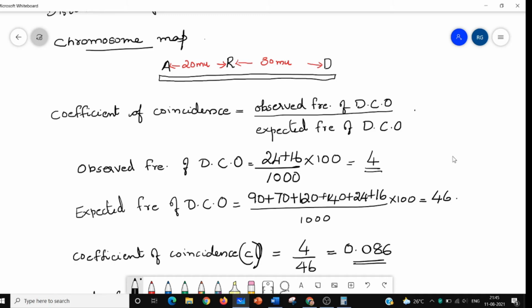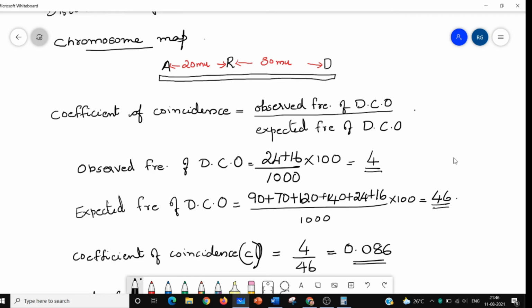We have seen that these offsprings are recombinants, and we expect that at region 1 and region 2 double crossing over must have happened. If that had occurred, our expectation is the total of these recombinants divided by 1000 into 100 is the frequency of double crossover. The expected frequency of double crossover we get as 46.